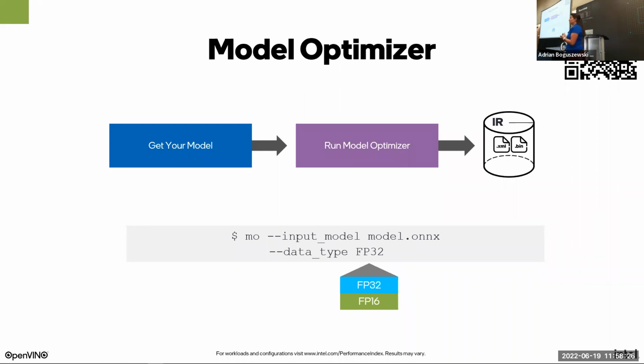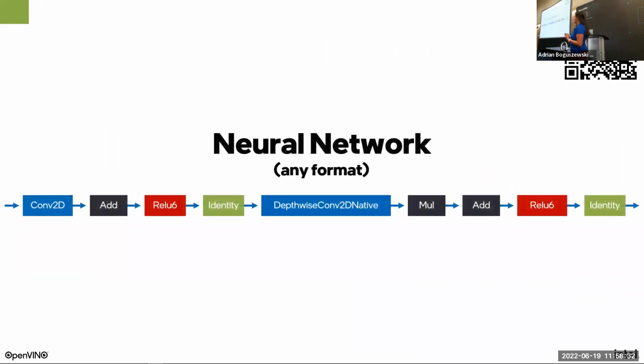But Model Optimizer is more than changing the precision. We are also able to fuse some layers. And we are also able to reduce or eliminate some layers, for example, dropout. In that case, we can create smaller models.